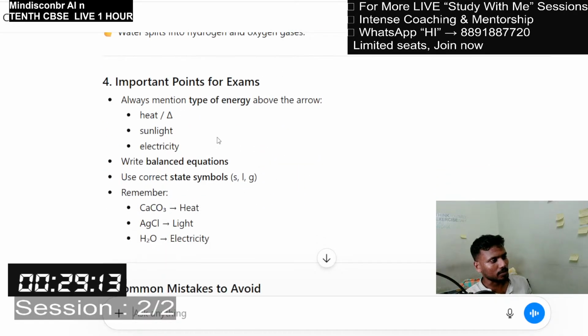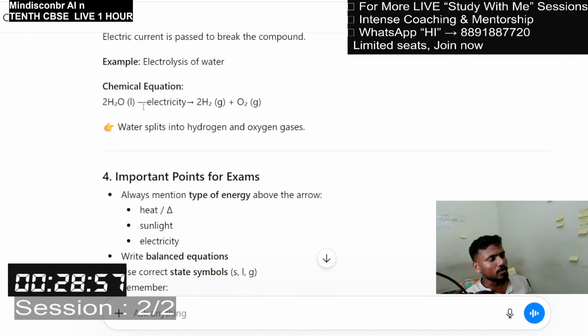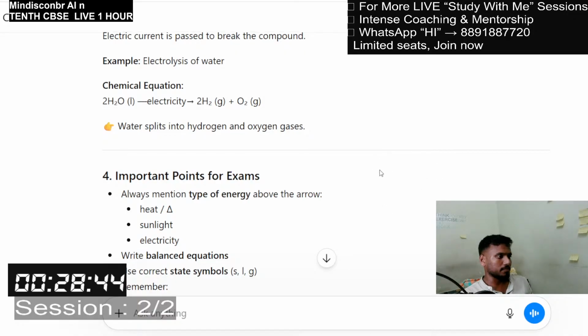Important points for exam. Always mention the type of energy above the arrow. For heat, you should write heat or a symbol like a triangle. In the case of sunlight, you have to write sunlight on the arrow. And in the case of electricity, you draw an arrow like this, and on top of the arrow, you write heat, sunlight or electricity.